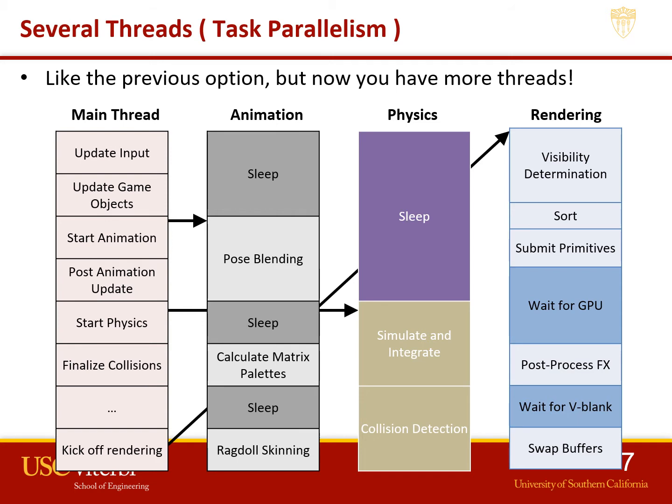And we can't really do our physics simulation until we've finished our animation. If the animation moves your arm, then the arm might bump into the wall, and that will cause the physics to be modified. So we just really cannot run them at the same time. That's kind of the problem.